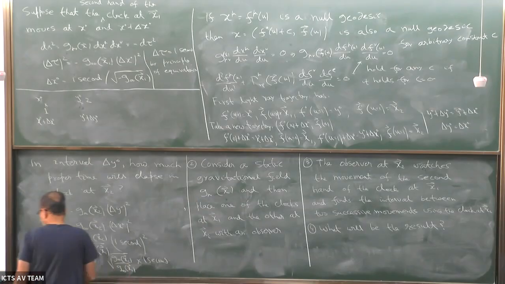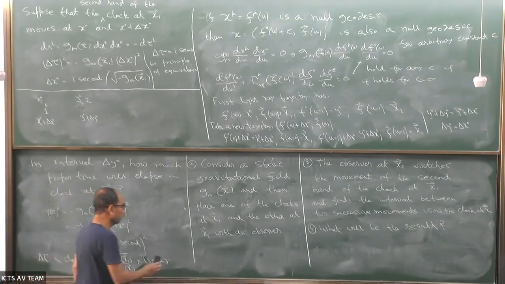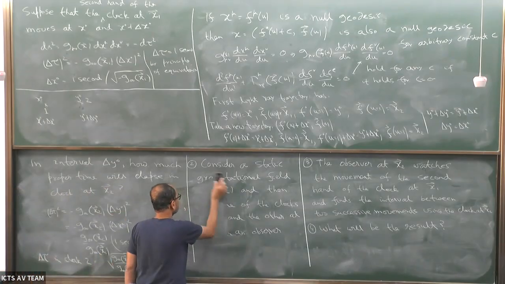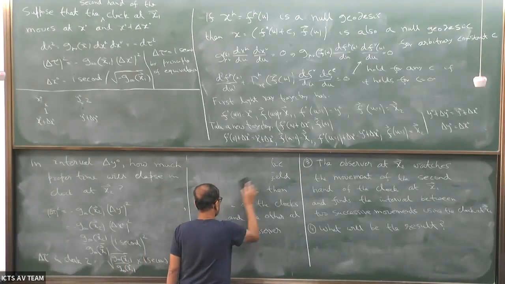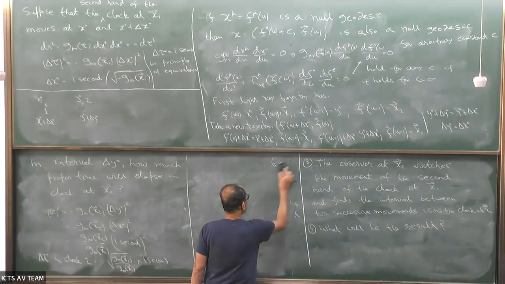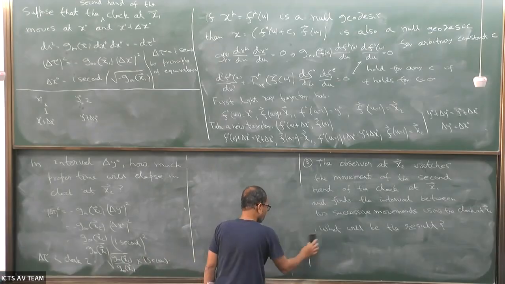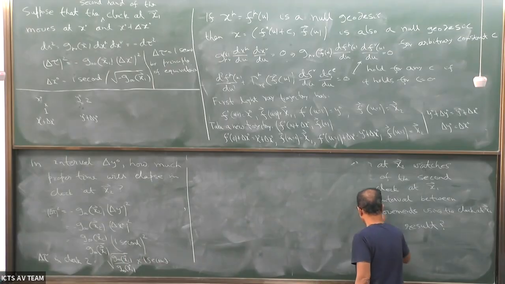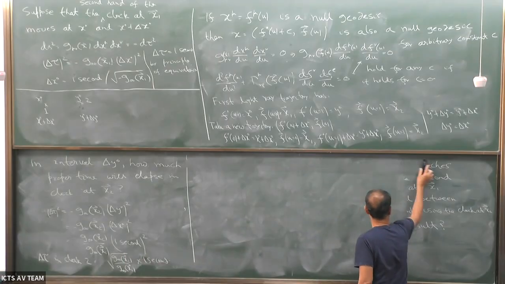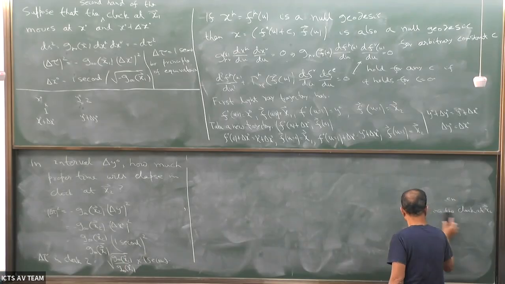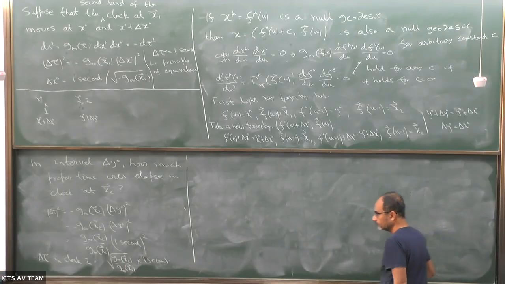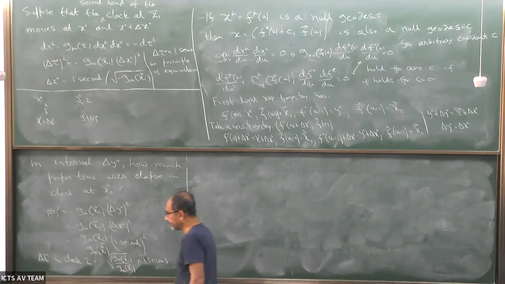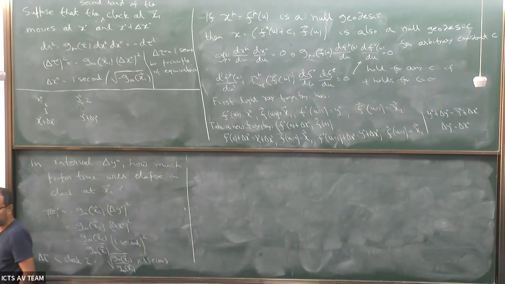So let me now describe the weak field approximation. Last time we saw that in the presence of a gravitational field, G00 is related to the gravitational potential. That's what we had seen in the last class.